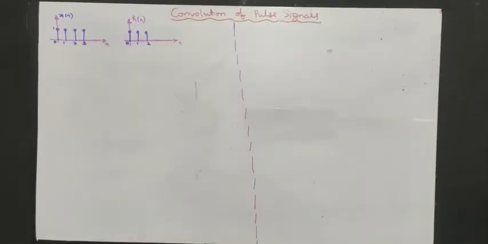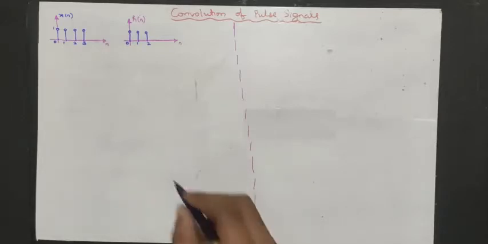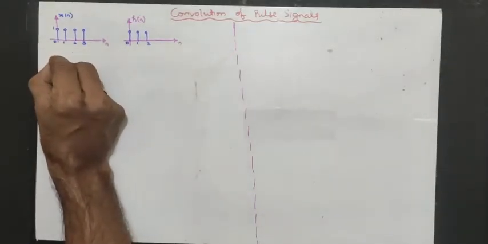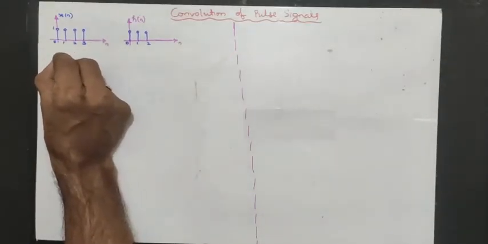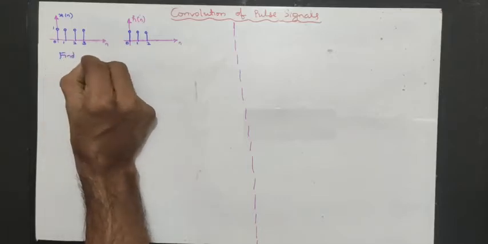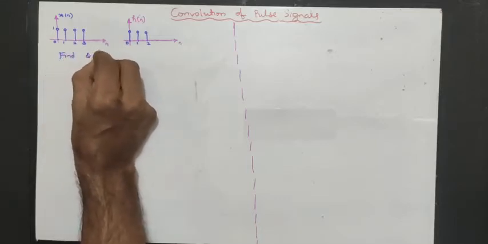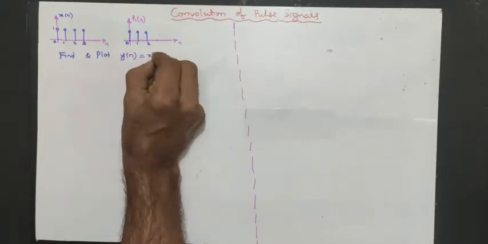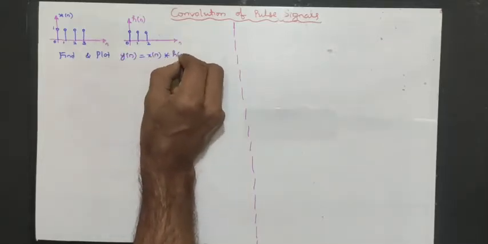Okay, let us consider x of n and h of n, which are given as pulses as I showed you. First, let me write x of n. I want to convolute these two signals. Find and plot y of n, which is x of n convoluted with h of n.